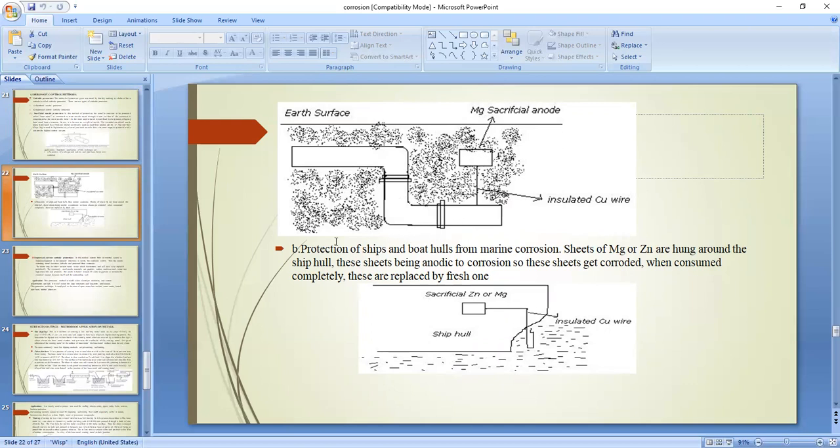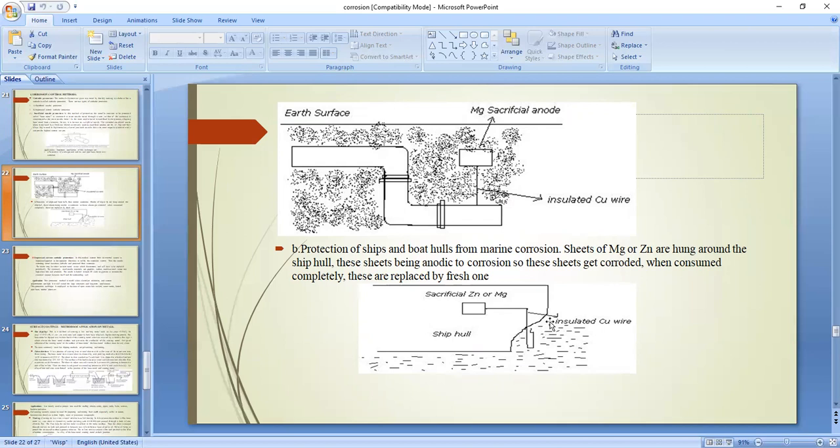And there is one more example which comes under sacrificial anodic protection, like the ship hulls. The ship hull part is always exposed to water as well as atmospheric conditions. The hull part gets easily corroded. So in order to protect the hull part of ships, we need to connect the hull part of a ship with a more active metal.